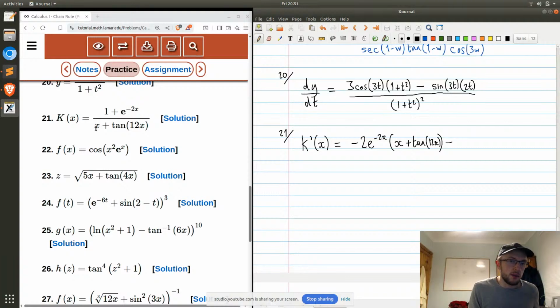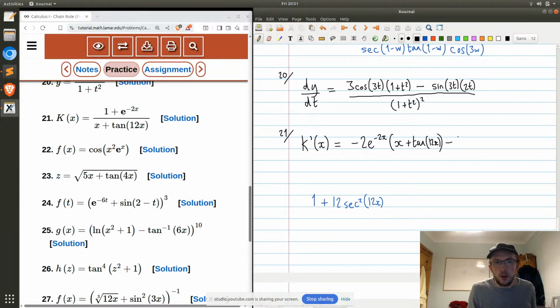Okay, what's the derivative of that? Okay, think carefully, and I come up with 1 plus 12 sec squared 12x. That's what I come up with.